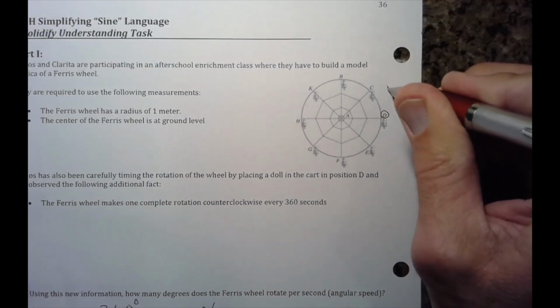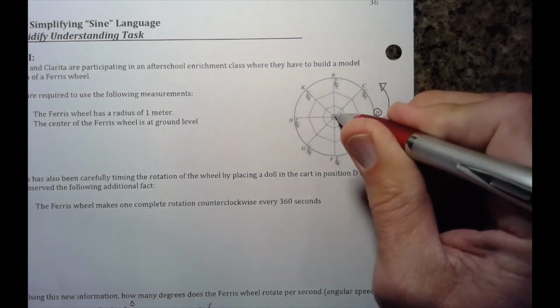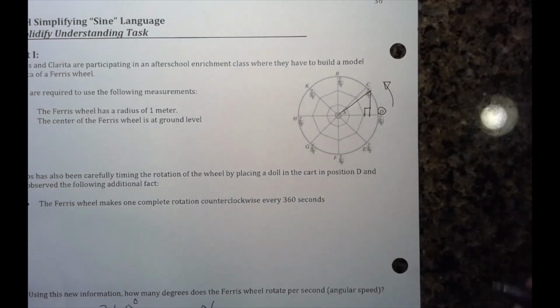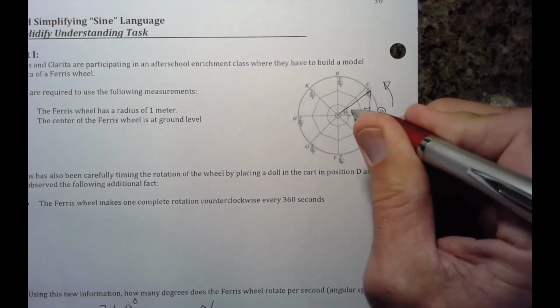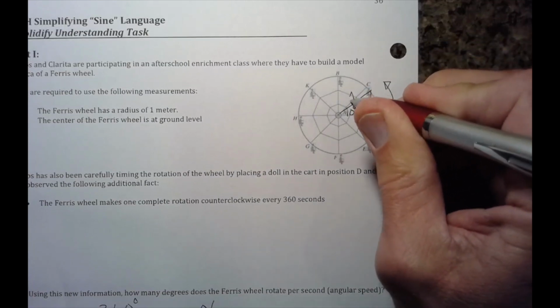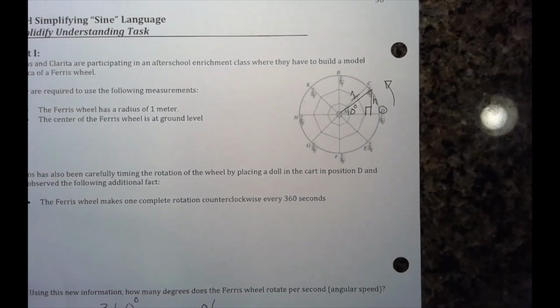The Ferris wheel is going counterclockwise. If it were to go 10 seconds, you can think of this as a right triangle. After 10 seconds, it's only gone 10 degrees, so this would be a 10-degree angle. The radius of this Ferris wheel is 1, so you want to find this little additional height piece right there.